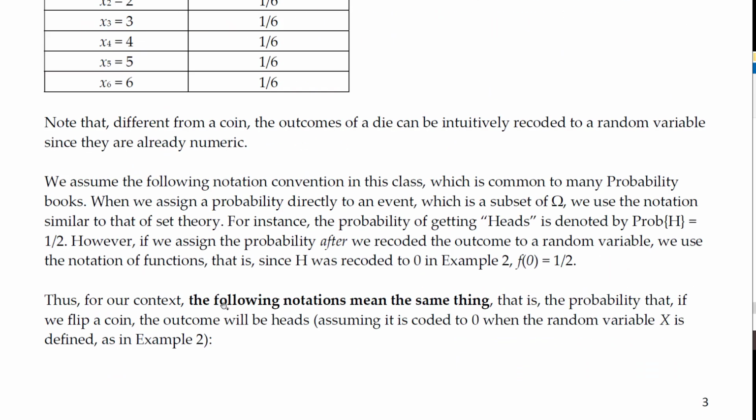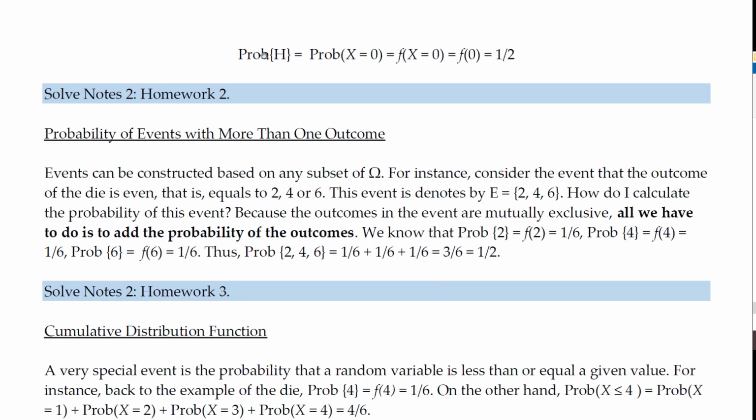So, for our context, the following notations mean the same thing. That is, the probability that if we flip a coin, the outcome will be heads, assuming it was recoded to 0. Here, probability of heads equals the probability of X equals 0, equals f of X equals 0, equals f of 0 equals half.